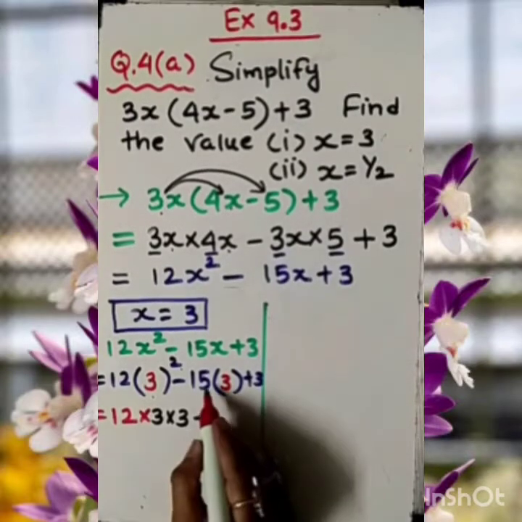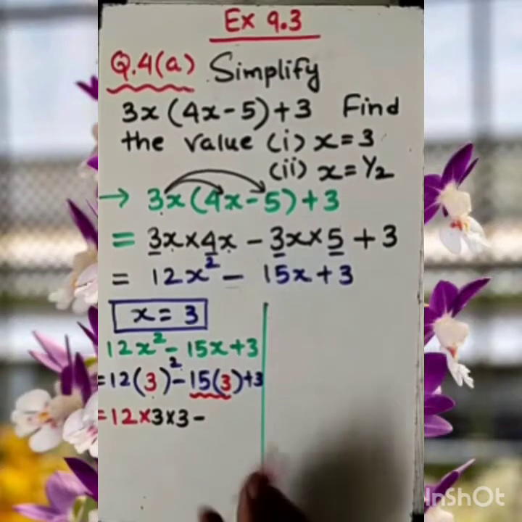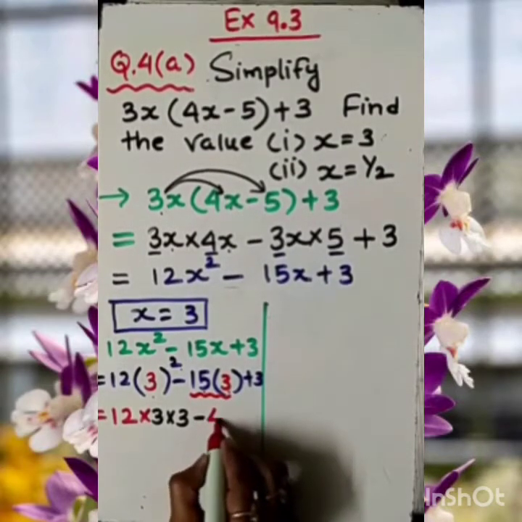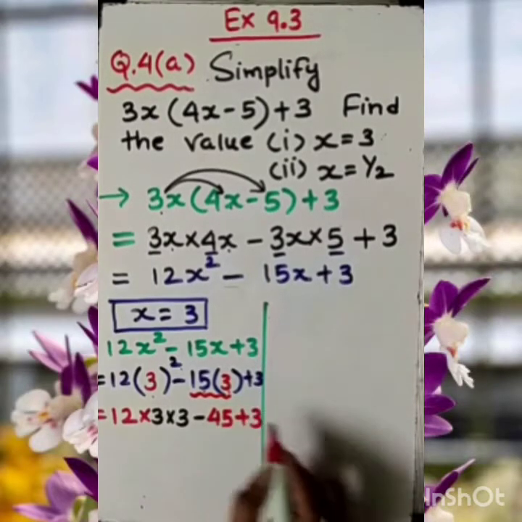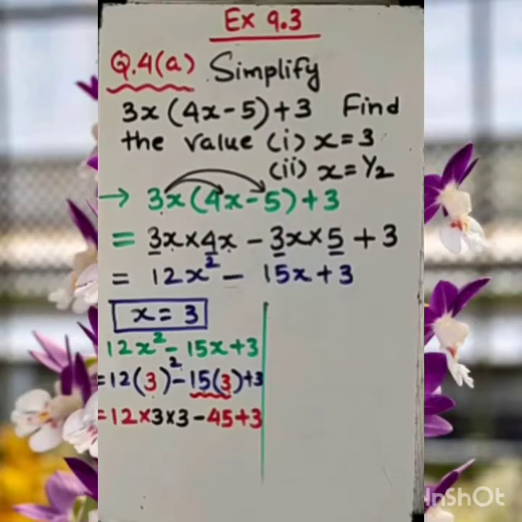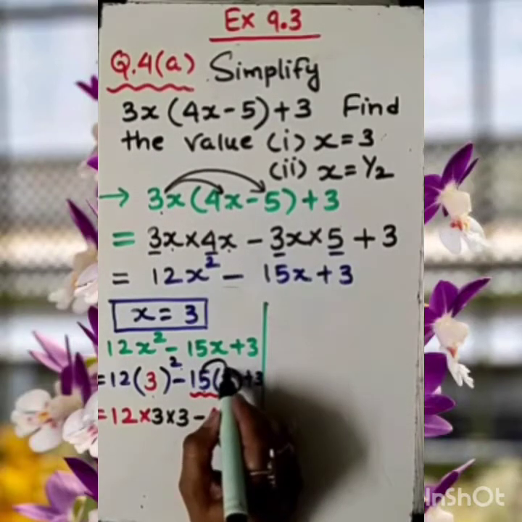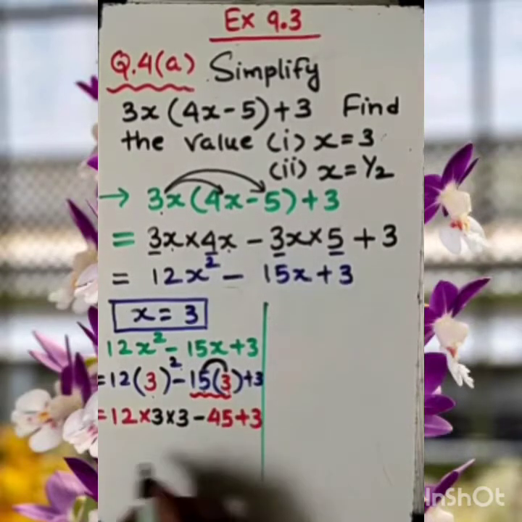Now, what is the relationship between these two? They are connected with a product. So 15 into 3 is 45, and plus 3 is here, let it be as it is. So we have multiplied here.